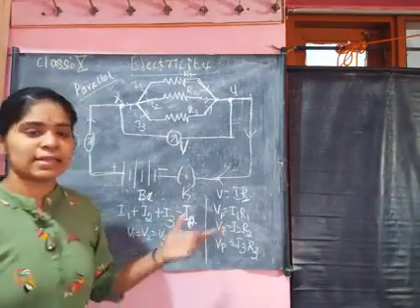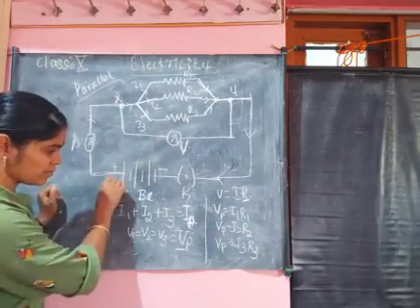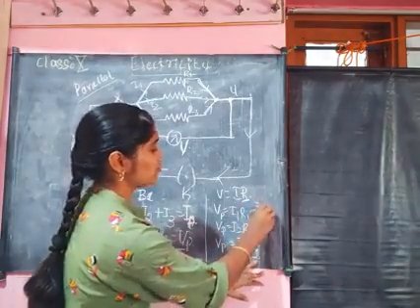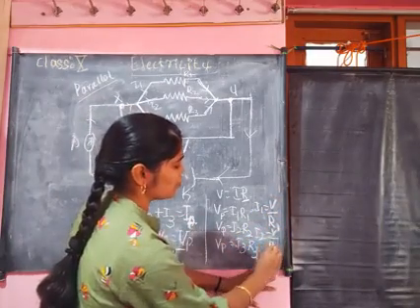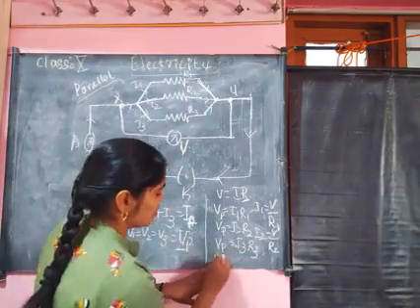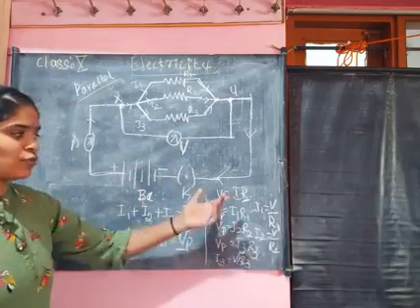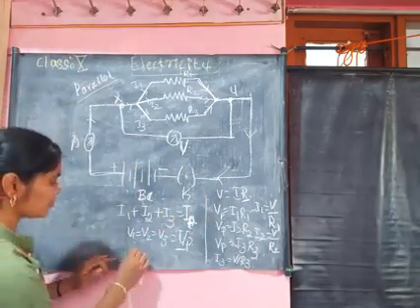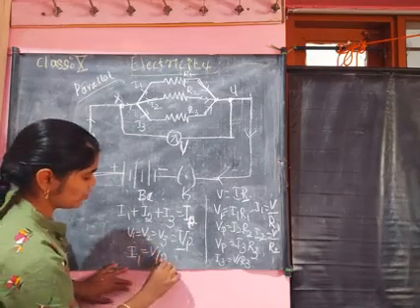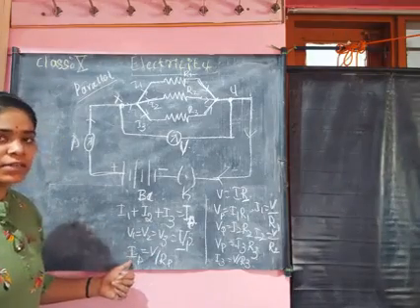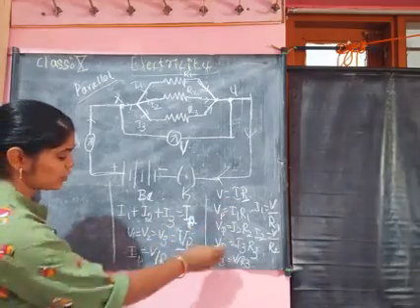So the total electrical current will be equal to I. I1 equals V by R1 and I2 equals V by R2 and I3 equals V by R3. So we are going to put these values in Ohm's law. So I equals V divided by R. So this is IP, the total electrical current in the electrical circuit. So we are going to put these values in this equation.